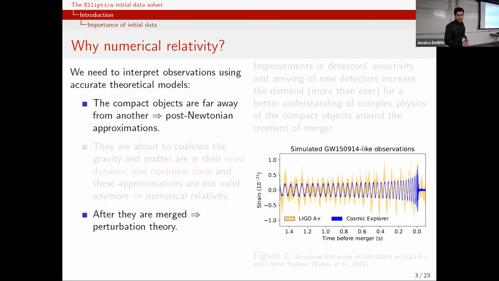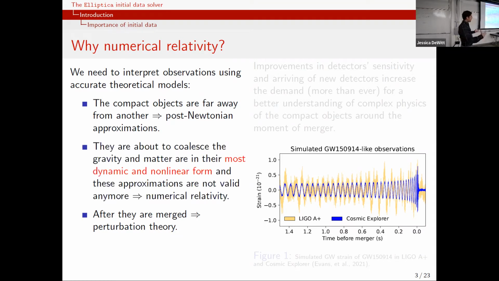And after the merger, we can use perturbation theory to interpret the result. However, if they are about to coalesce, the matter and gravity are in their most dynamical and nonlinear forms, and all of these approximations break down. So we do need numerical relativity to understand the physics here.